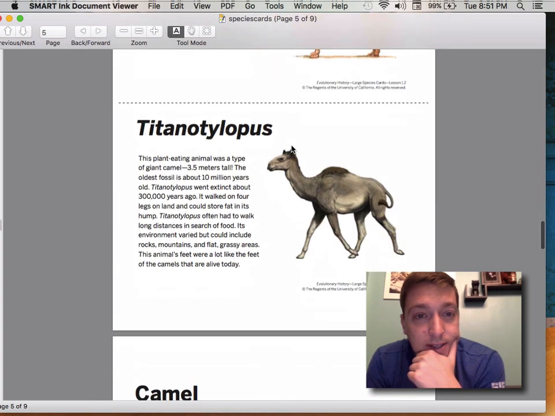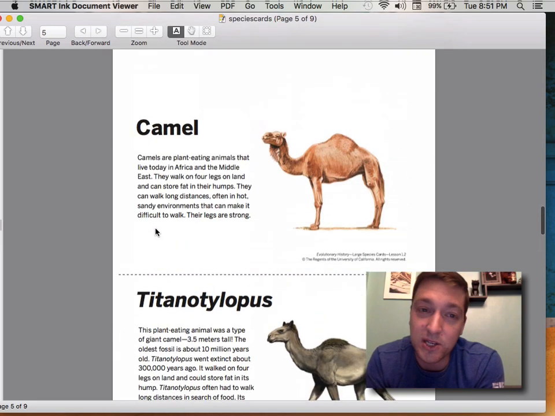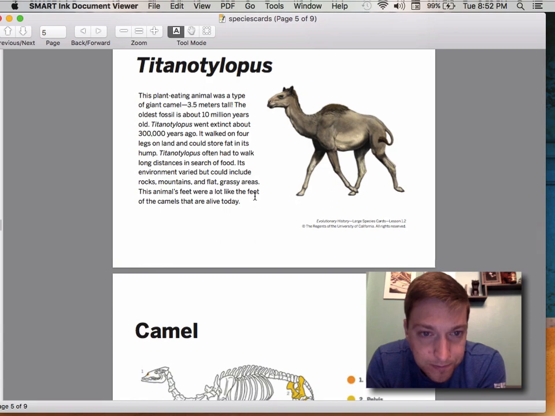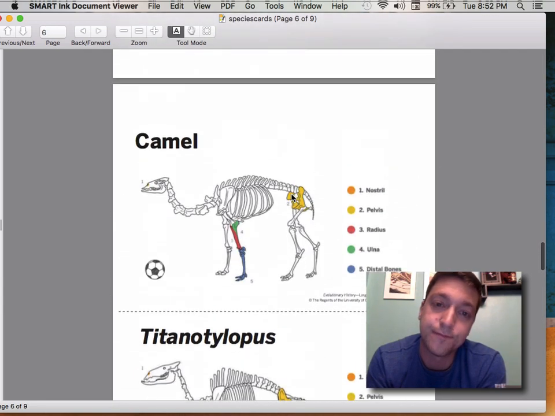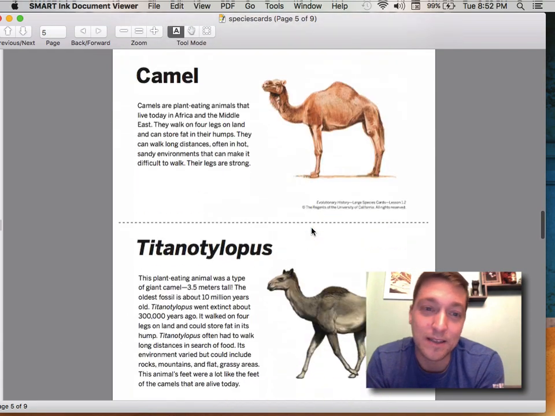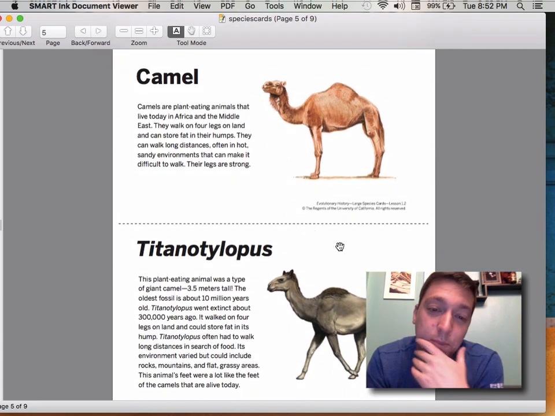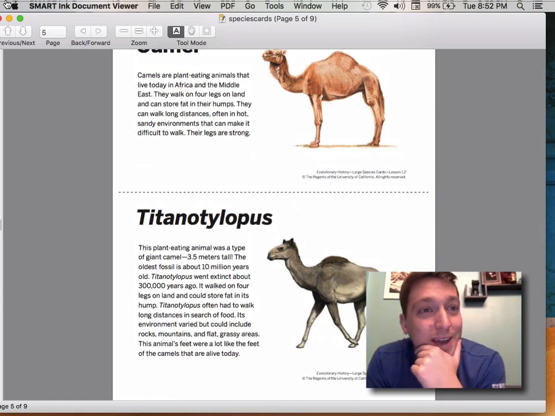And the giant camel, let's see, it walked on its 4 legs on land, stores fat, walks long distances, much like the modern camel. So its feet have to be really sturdy to walk that far. It's not like a cat that has to jump, or a wolf that has to stalk and pounce and all that.